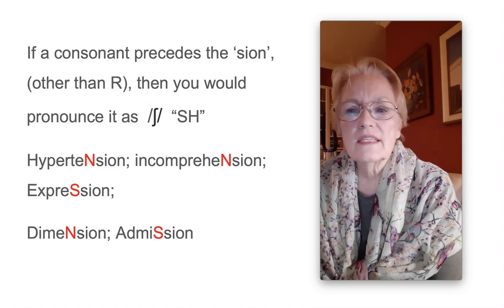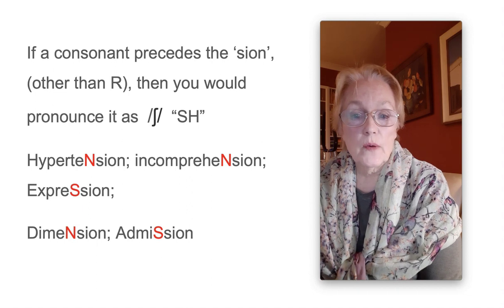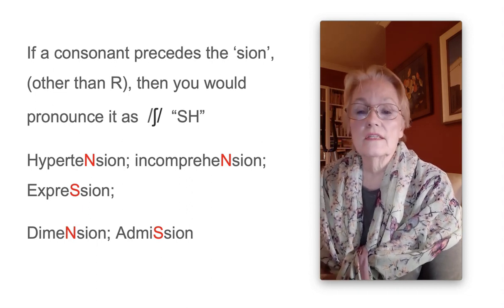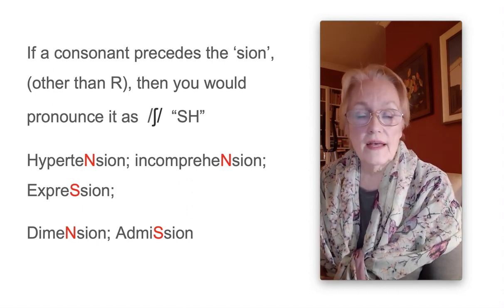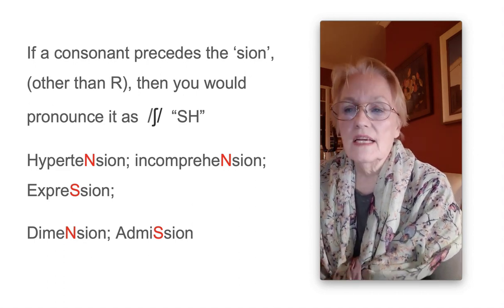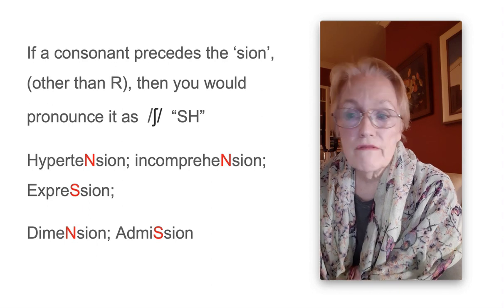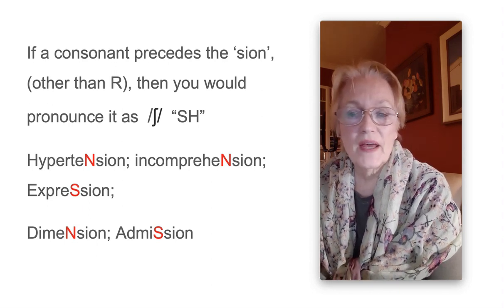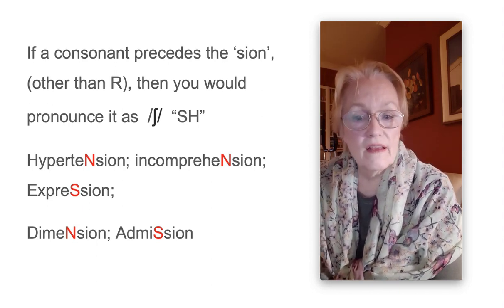So if a consonant precedes the S-I-O-N, so not a vowel but a consonant, other than that R, then you would pronounce it as the SH sound. So if you look at these words here, there's no vowel before the S-I-O-N, and nor is there the R. So we don't go je, we just go sh, shin.